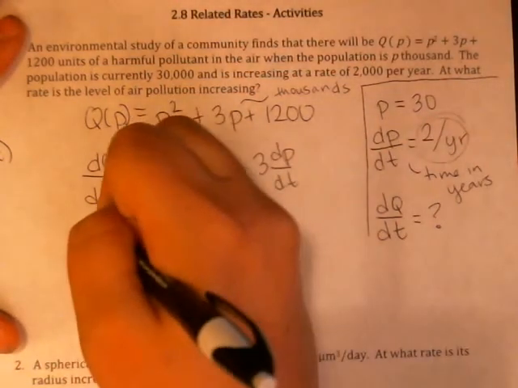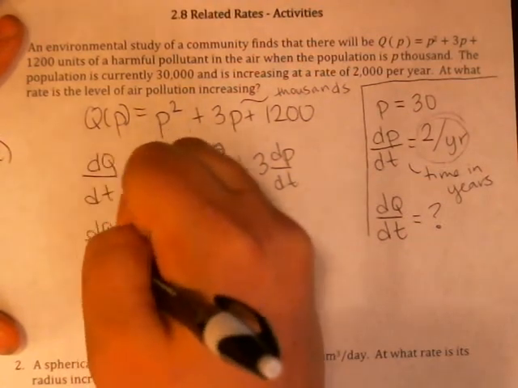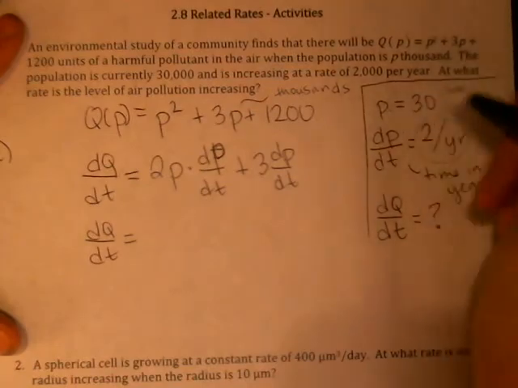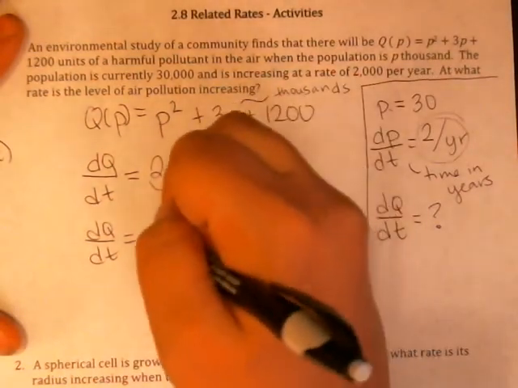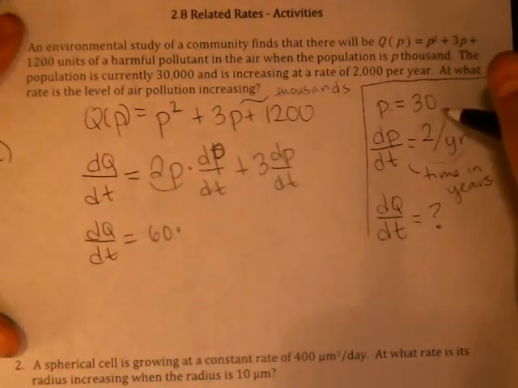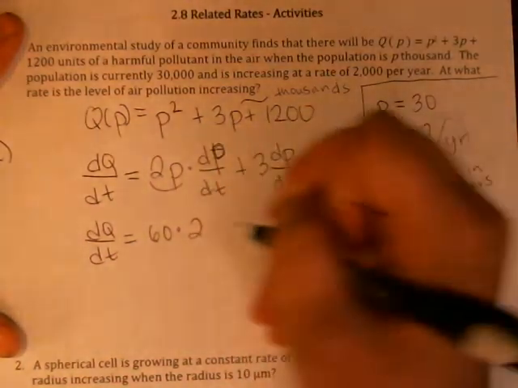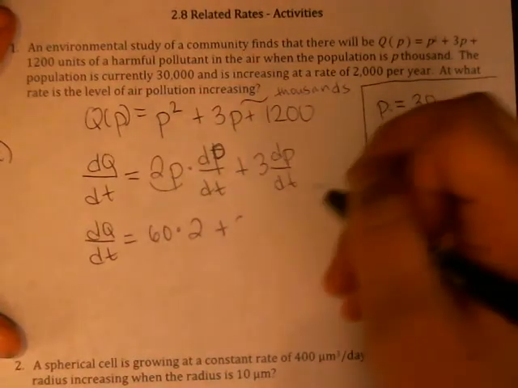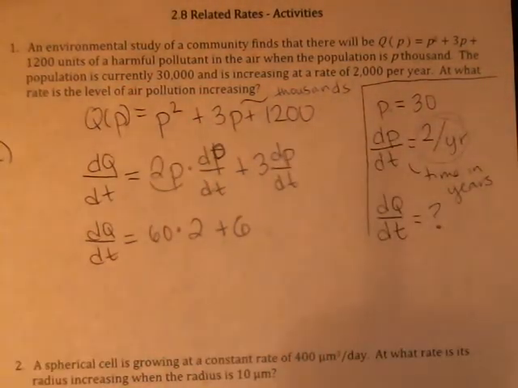Okay, so I'm looking for dq dt, so this is really conveniently solved for that already. If I go through this, I have p equals 30, so I have 2 times 30, I have 60. dp dt equals 2, being really careful with units in this problem. 3 dp dt, so that gives me 6.